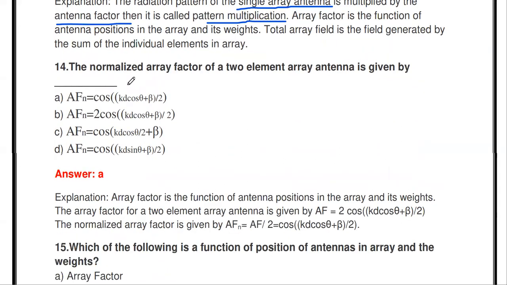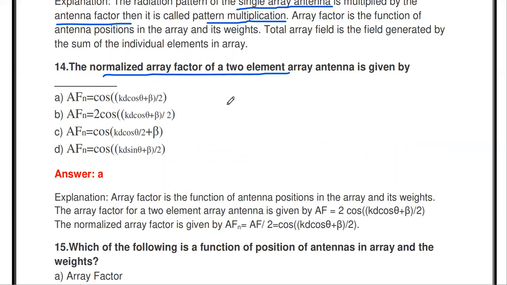The next thing, the normalized array factor of a two element array antenna is given by dash. Already you know the formula.